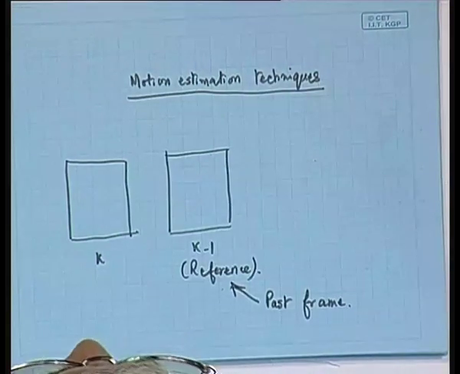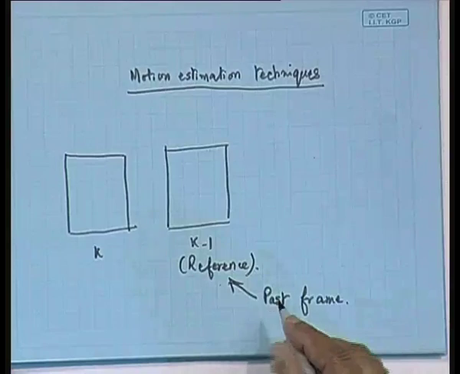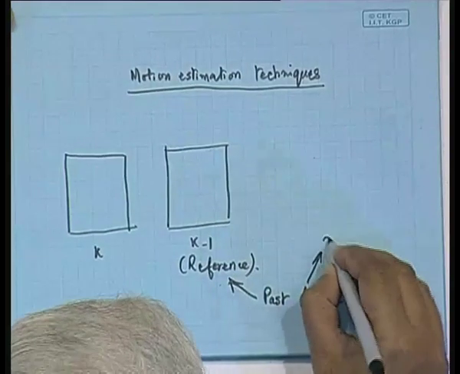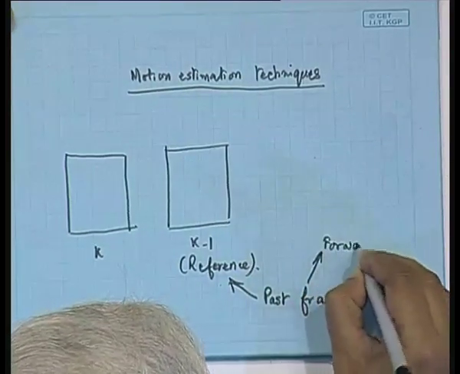Whenever it is estimating the motion, it is going back in time in order to find out the motion vectors, and when it is a question of compensation, that means predicting what it is going to be, the prediction is a forward prediction. So, whenever we are using a past frame as a reference, it leads to a forward prediction.